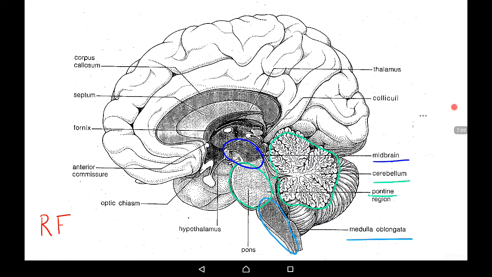In the midbrain we may find also the red nucleus, nucleus ruber, and the reticular formation as well. The midbrain is associated with the cerebellum, pons and medulla oblongata, and produces the brainstem.